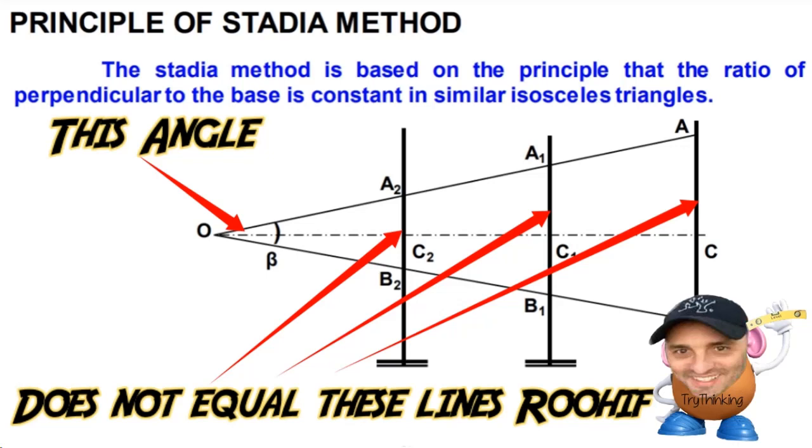Roohif, what is it? It is, isn't it? It is vertical. The line at the opposite side to the angle, Roohif, is it vertical or is that near enough to it? It's tilted about 4 degrees in the photo that we're looking at.